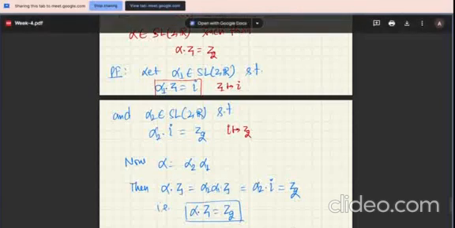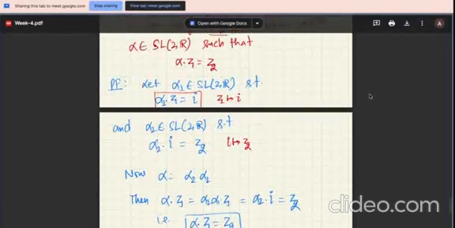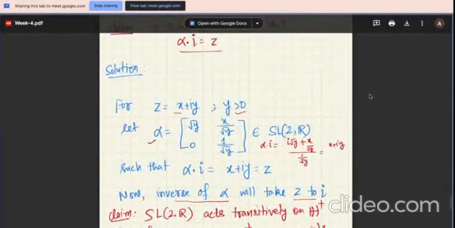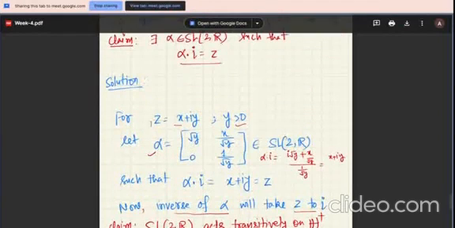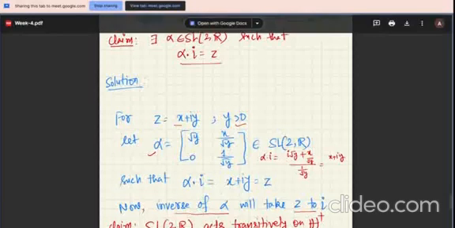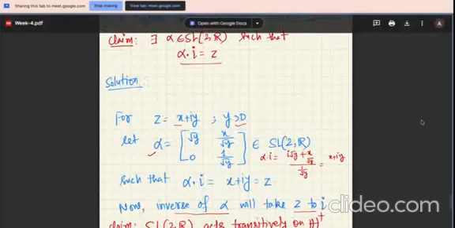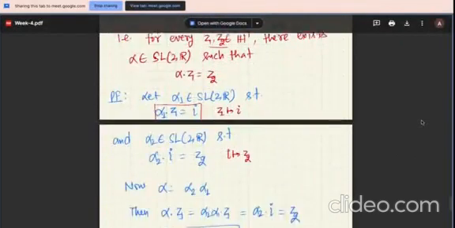So how are we able to do this? We can find a map alpha 1 which sends Z1 to I, and we can find a map alpha 2 which sends I to Z2. This is because of the above fact. For any Z you can find alpha such that alpha dot I will be Z, and similarly you take the inverse of alpha, which will send Z to I. So for Z1 you take alpha like this, which will send I to Z1, and for Z2 again you take the inverse of that.